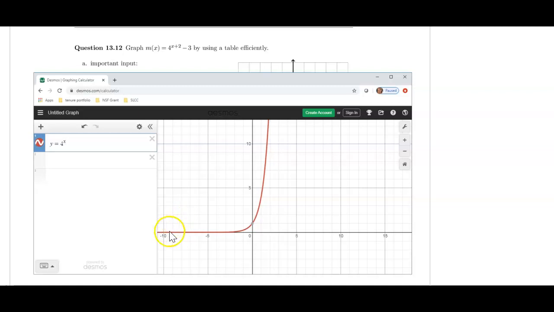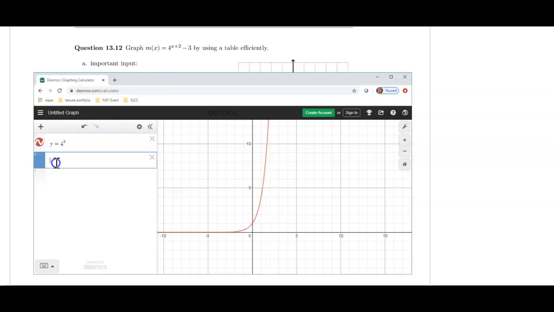This is just the regular shape of it. If we had just 4 to the x power, we didn't have that plus 2 or that minus 3. Now what I want to do is show you what that plus 2 and the minus 3 does to this.